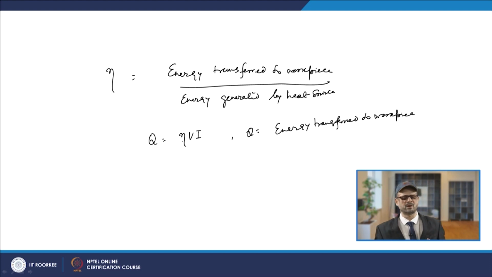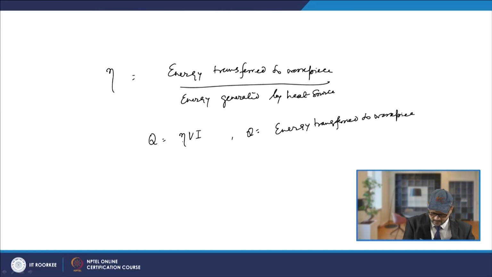Now, let us talk one by one about the different types of welding processes. If you take gas tungsten arc welding, GTAW, as we know, in this case tungsten electrodes are used, and we use some inert gases for the welding process.